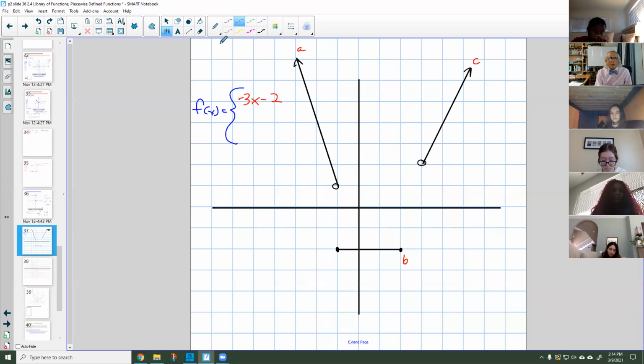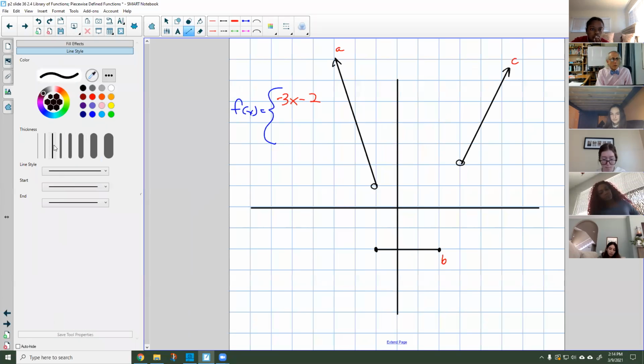I think that's pretty good, because if I took this line here and I extended it, let me just do something here. Red and dotted. If I extended this as a line, it looks like it would cross the y-axis right there.